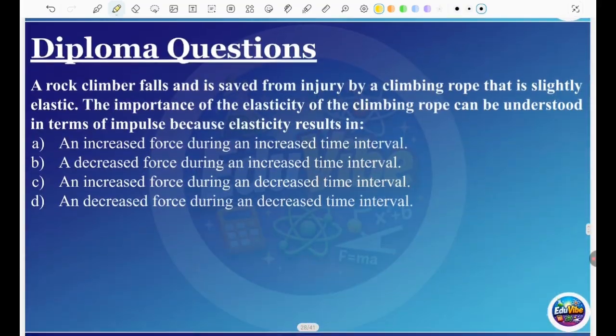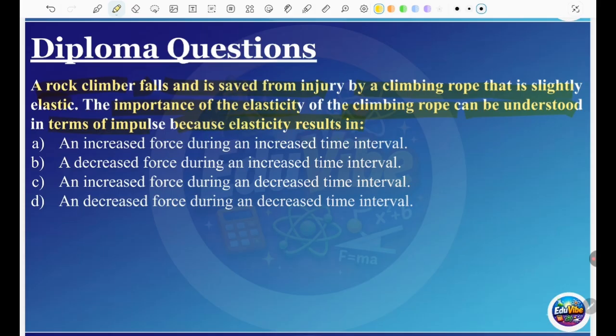So the next question we have, we all know that this is a theory-based question. The rock climber falls and is saved from injury by a climbing rope that is slightly elastic. So the climbing rope is elastic, that's why it saves them from injury. The importance of the elasticity of the climbing rope can be understood in terms of impulse.